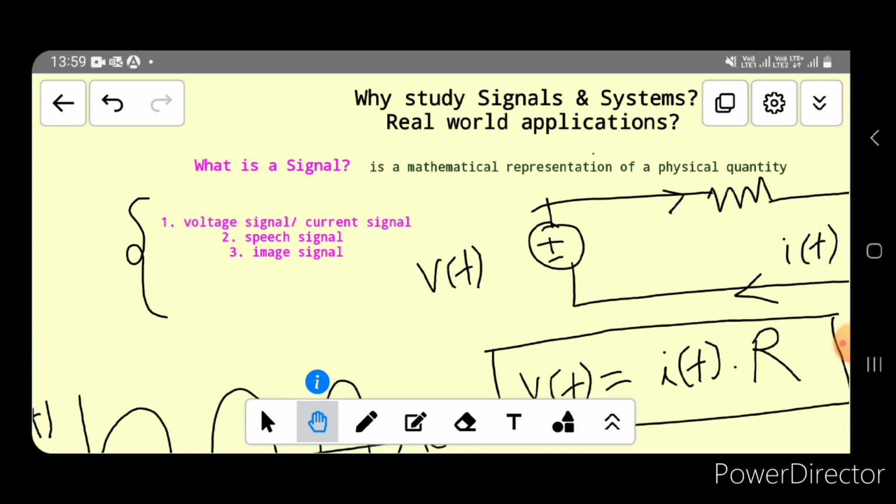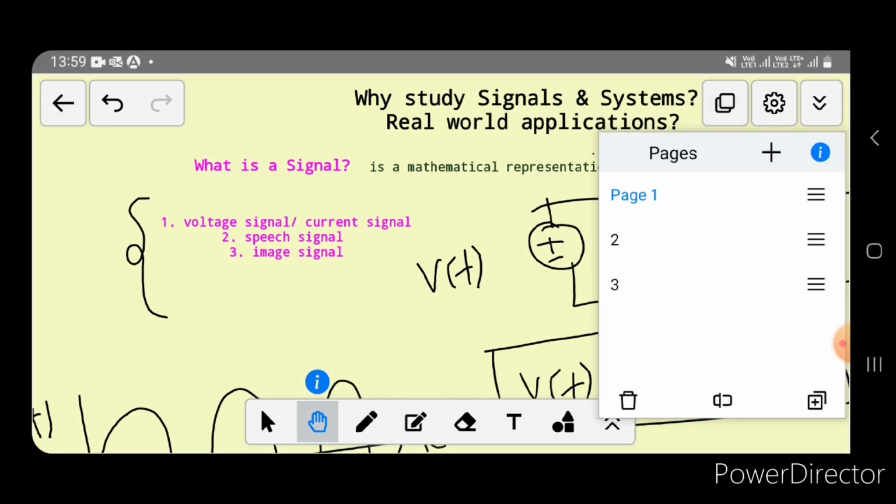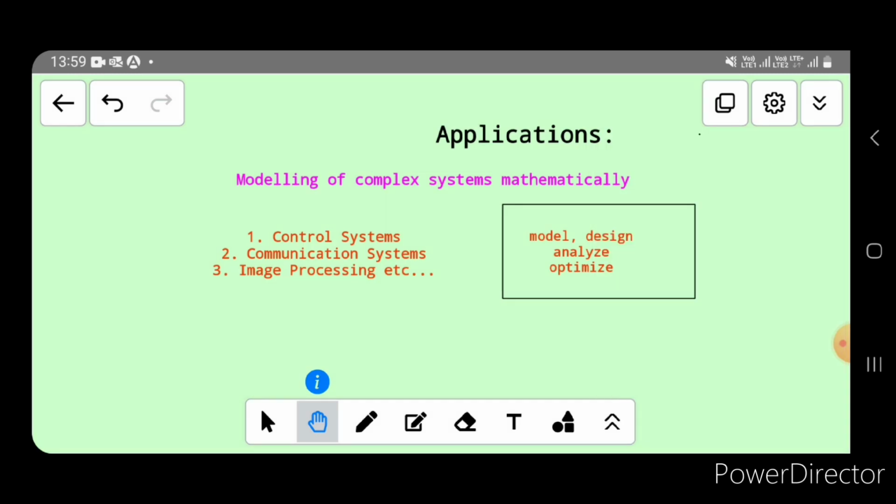Now, since it is an intro video, let's go to our next question: where is the signal actually used in the real world? Signals are actually used in modeling some of the complex systems. The systems can be control systems, communication systems, image processing systems.